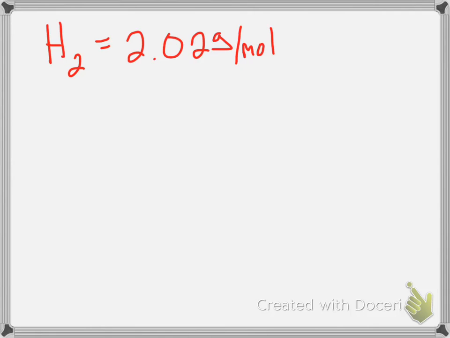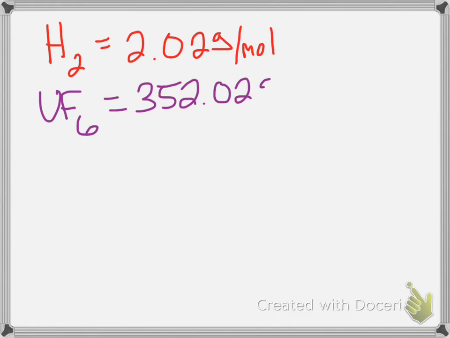And I'm going to take another gas that's much heavier, UF6, uranium hexafluoride gas, and it's got a huge molar mass, 352.02 grams per mole. So we want to know the rate of effusion of hydrogen as compared to UF6, uranium hexafluoride.